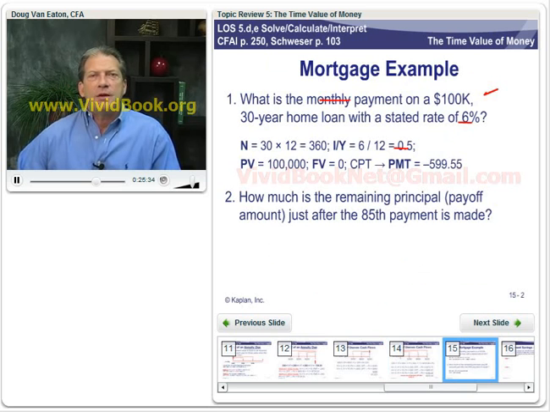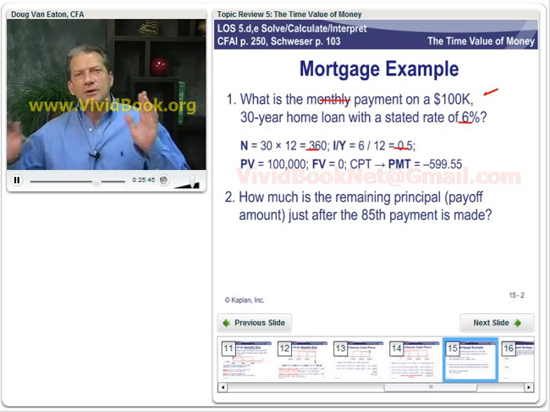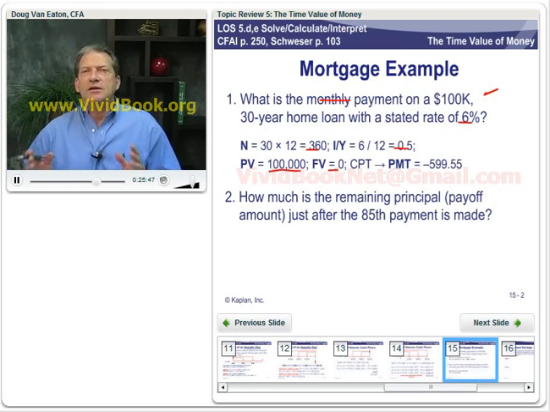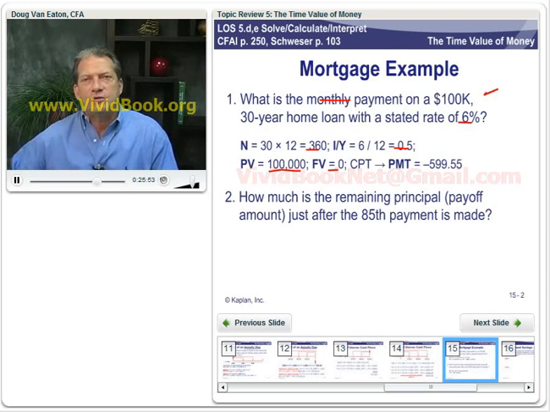How many payments? We're going to have 360 monthly payments over 30 years. Our interest rate, 0.5%. Present value is the amount we borrowed. Future value is 0 because we're going to pay the loan off entirely. It's an amortizing loan. Our last monthly payment pays the loan off entirely, so future value is 0.